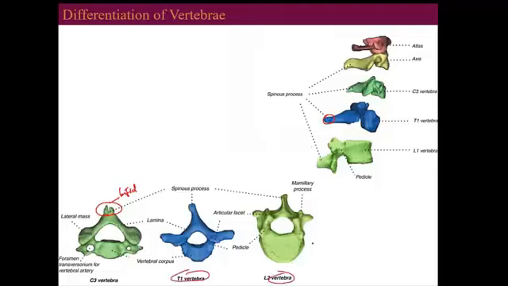And the lumbar vertebrae is also easily identifiable when you look at the spinous process that is blunt. So that's how you differentiate the different vertebrae. So if I ask you to differentiate them, you should be able to identify the landmarks. Now, aside from the bifid spinous process on your cervical vertebrae, there's a hole in the transverse process of the cervical vertebrae. So that's called the transverse foramina.